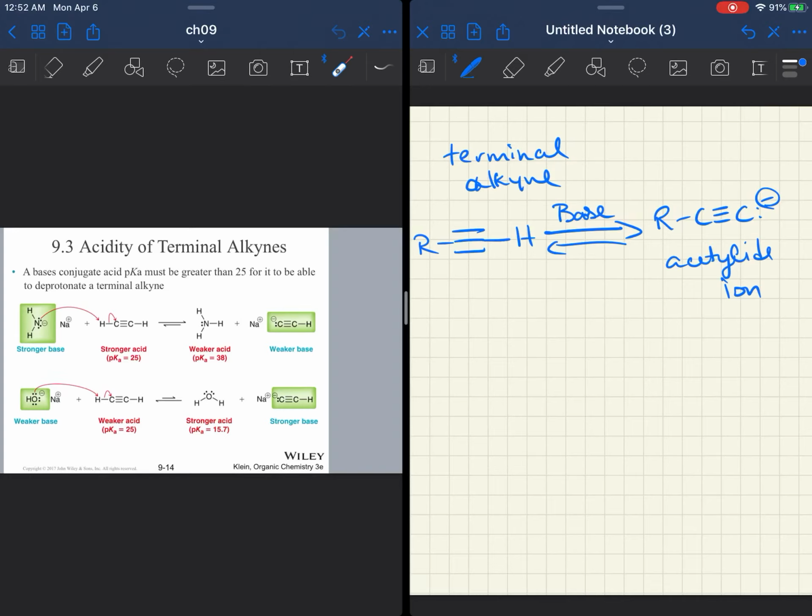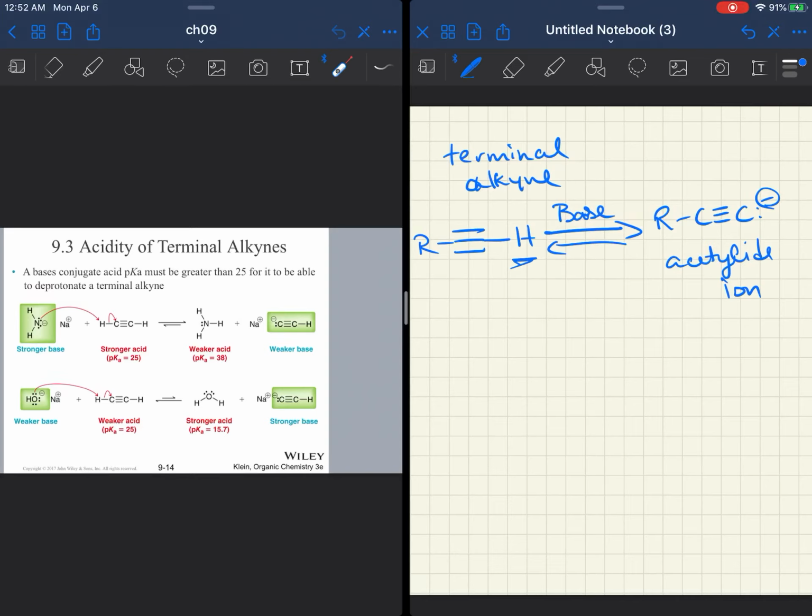If we pick something like hydroxide, well, the pKa of water is lower than the pKa of the terminal alkyne, so you're not going to get a lot of product there. Hydroxide bases are not good enough bases to remove this proton right here.